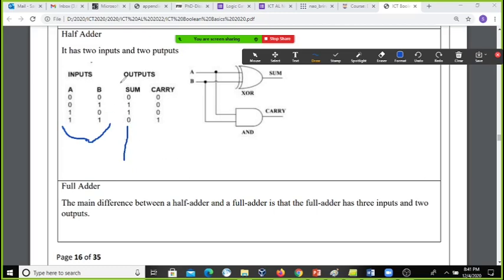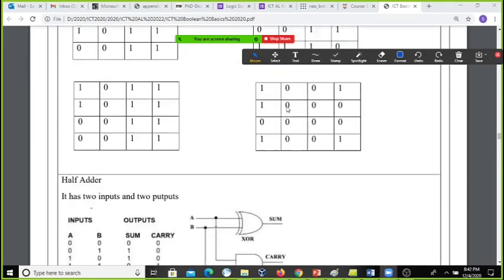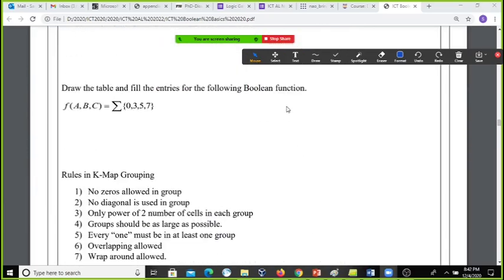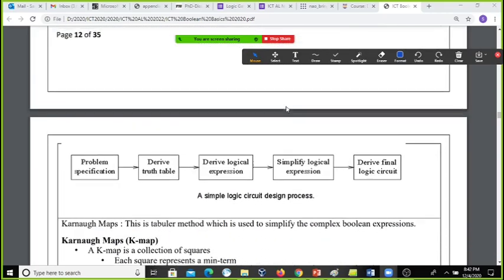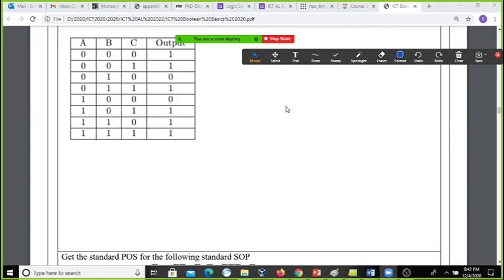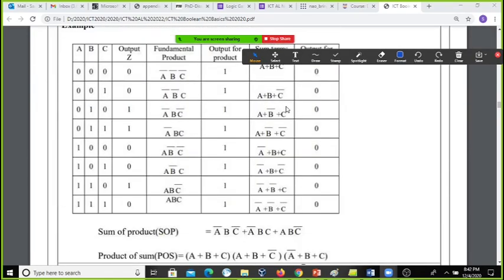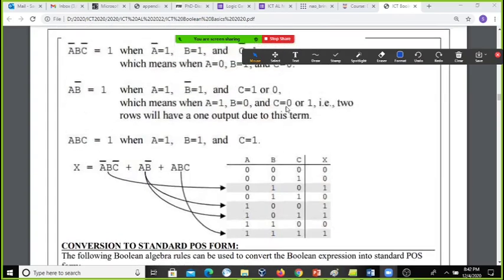So to get this output as a sum, we want to find out what the Boolean expressions for the sum are. If you can remember, last week I explained when there is a truth table, how to get the Boolean expressions. There we discussed how to write the SOP answer and the POS answer. I explained that in the previous class.